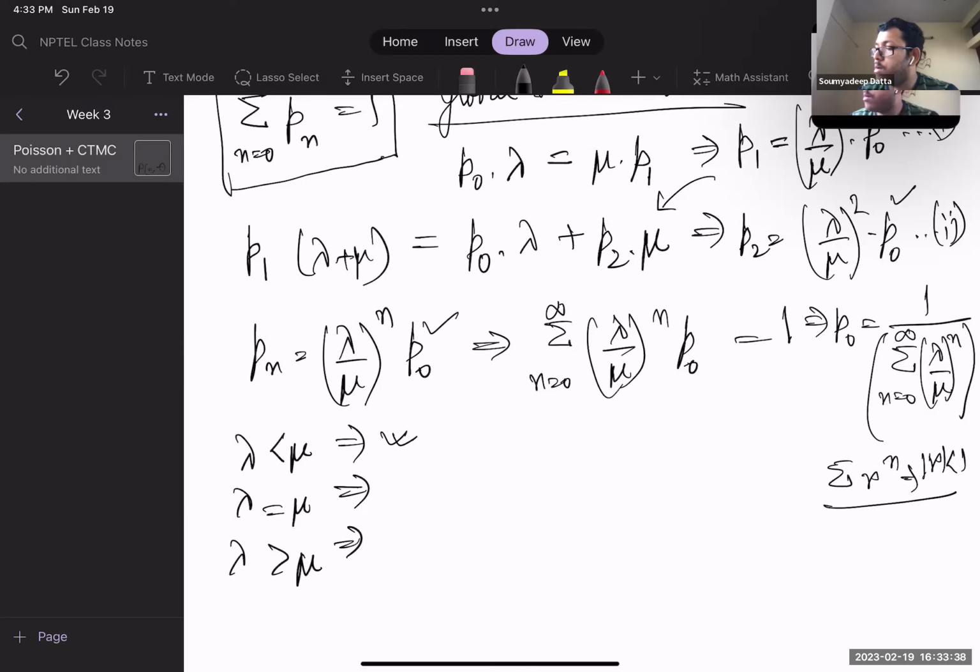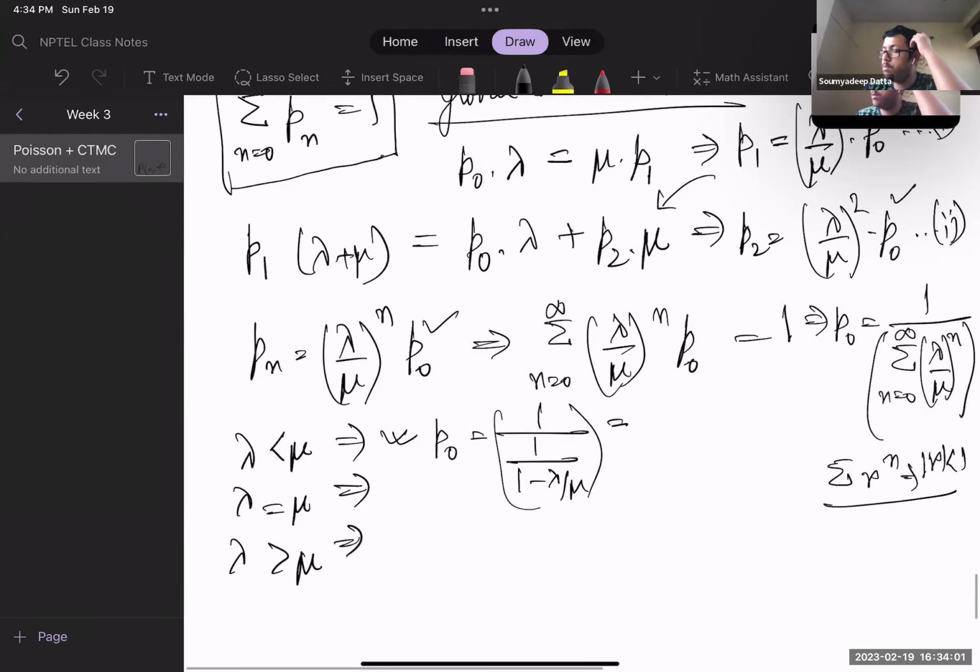And then the answer for this summation is 1 by 1 minus r, right? So P0 will be equal to 1 minus lambda by mu. I think I'm right. If I'm not wrong, this will be the answer.